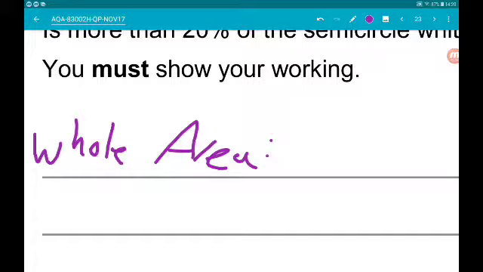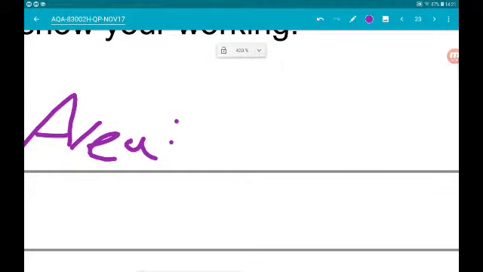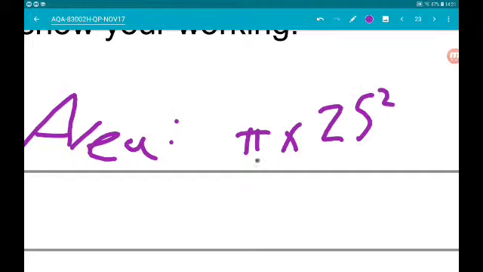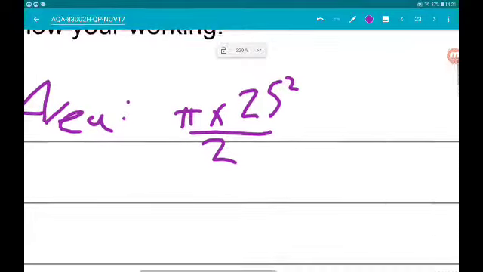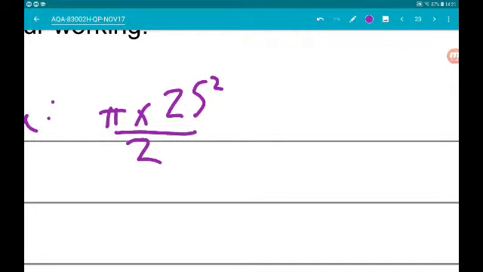So the area of a circle is pi times the radius squared. So the area of the semicircle is pi times 25 squared all over 2. Now, I'm going to leave these in terms of pi until the very end.